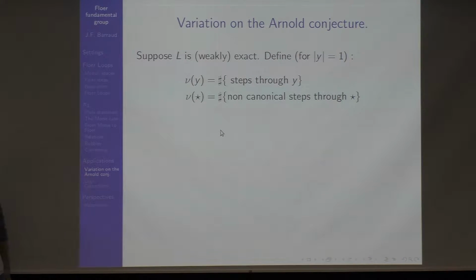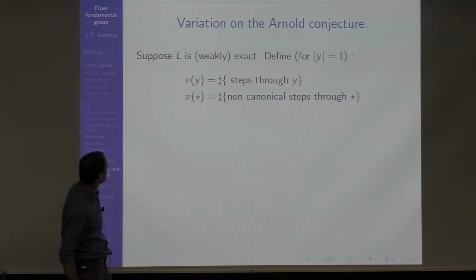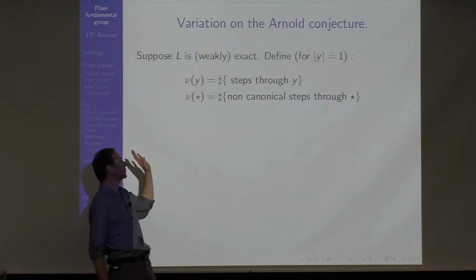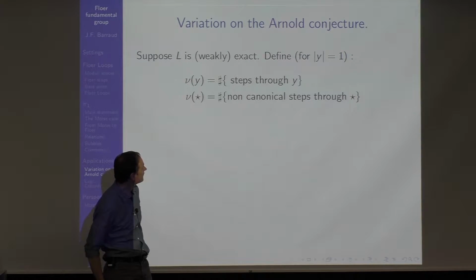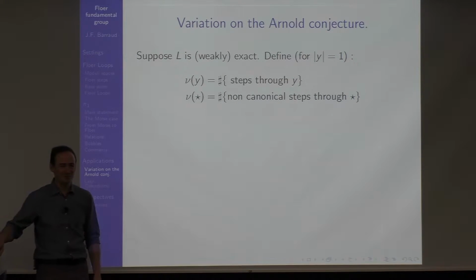Oh, okay. One word about applications or partial applications. So let me come back to the exact case. Of course, you expect that this might be related to the Arnold conjecture, but not in the way I expected, in fact.